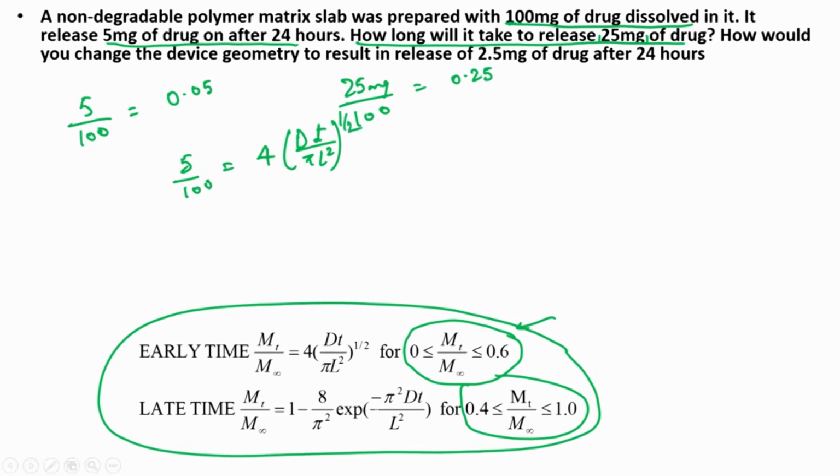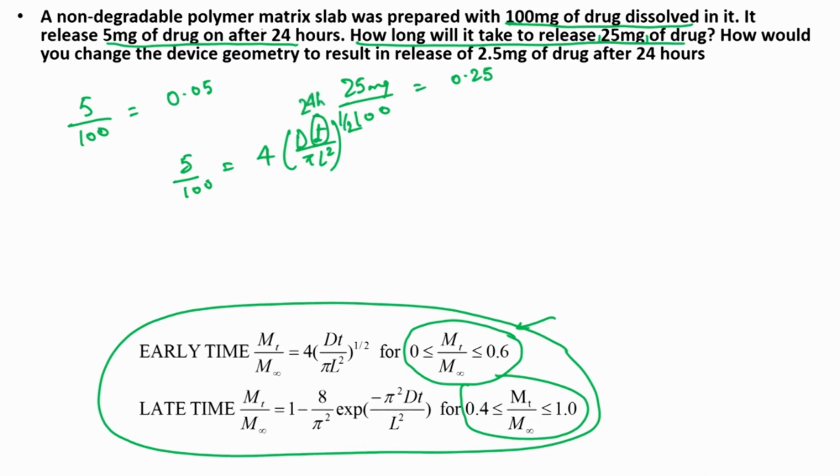Now, this much is being released for this given length L. If you look at this equation, the only thing that you can change for the device geometry is L, but we will come to that later. So, if this is the case, then how much time would it take? Let us say this time is 24 hours in this case.